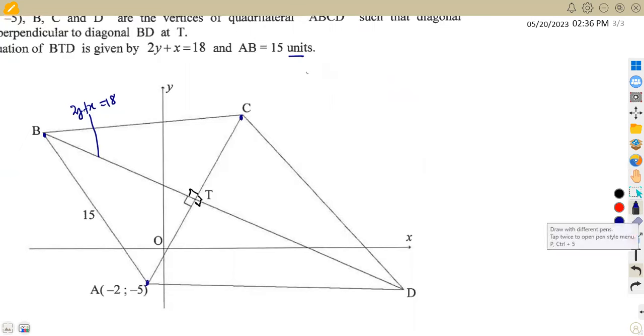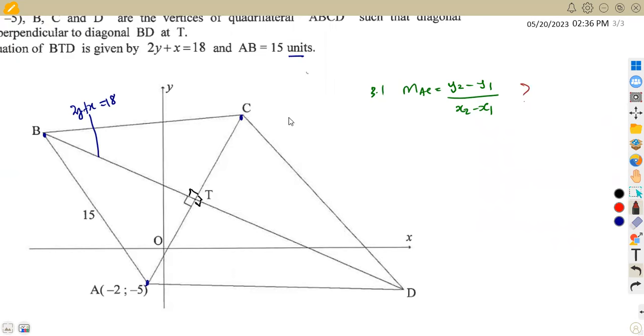The gradient of AC was supposed to be taken from the change in y over the change in x, y2 minus y1 over x2 minus x1. But we do not have the corresponding point, which means this formula is invalid for now.